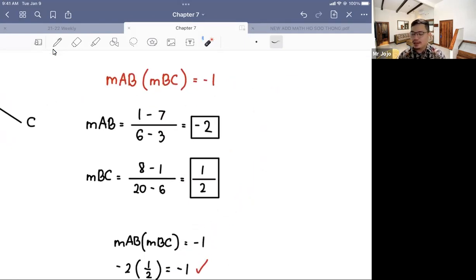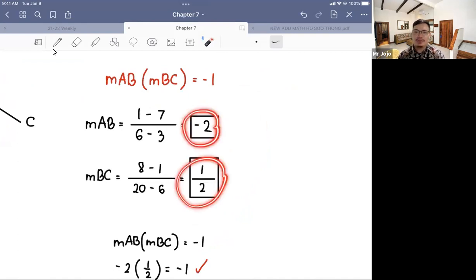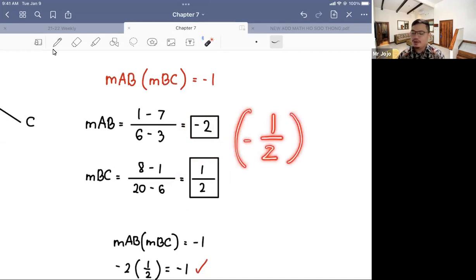Now look closely, class. If you compare these two gradients before we go to the next example: if you have -2, is 1/2 the negative reciprocal of -2? Yes, of course, because when you take the reciprocal of -2, it will become -1/2, and the negative reciprocal makes it positive 1/2.